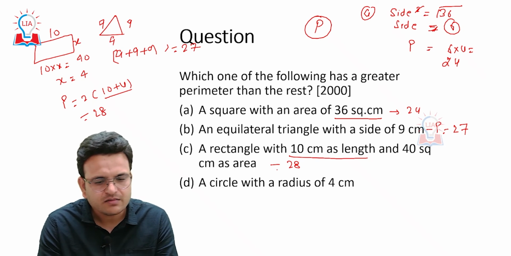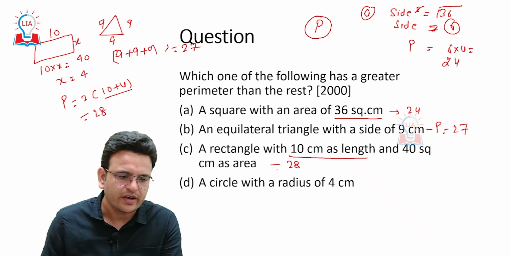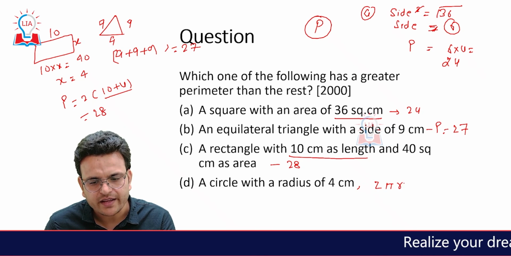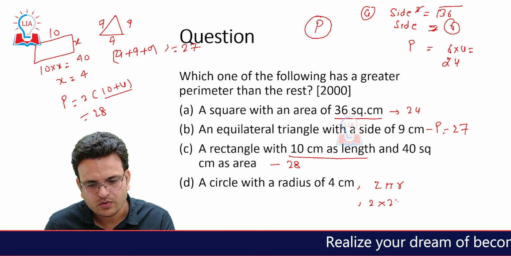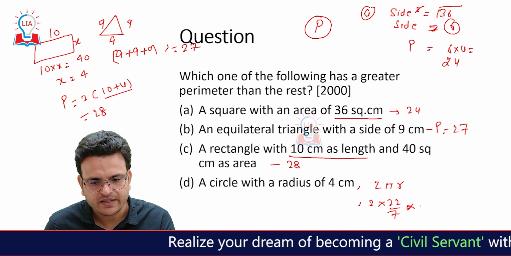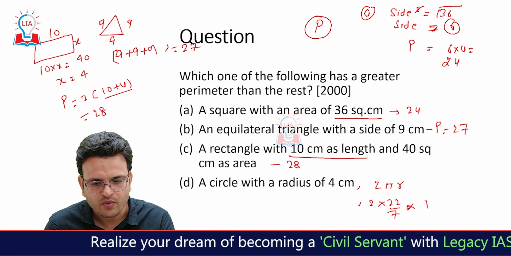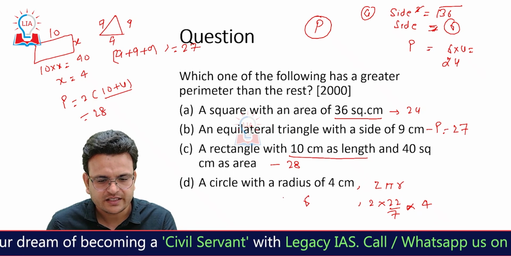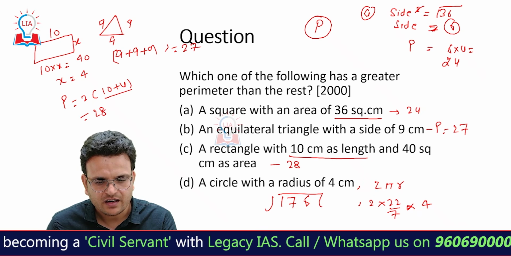A circle with radius 4. We know that in a circle the perimeter is 2 pi r. So here 2 pi r, with r as 4, becomes 8 into 22 upon 7.